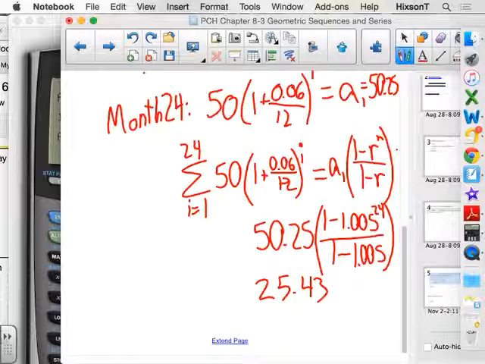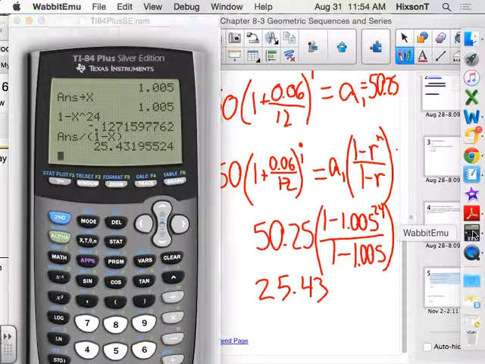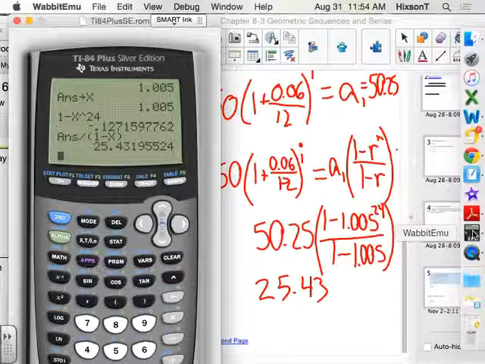It'll stay in there, but that's not going to affect anything else unless you wanted to use X for a different value. In that case, you just store something else over it. It'll just overwrite whatever was in there. If you type in 5x plus 3, it'll do 5 times 1.005 and then add 3.